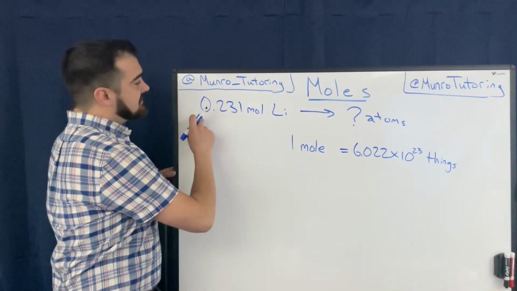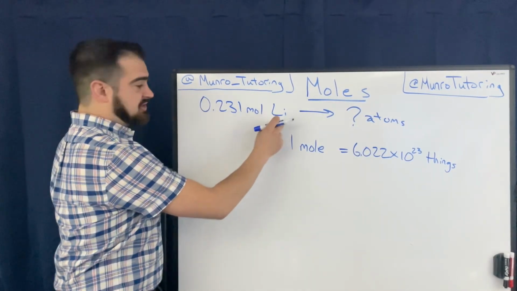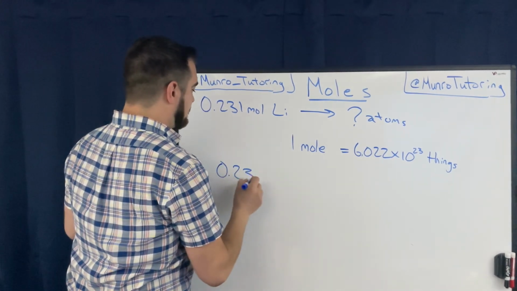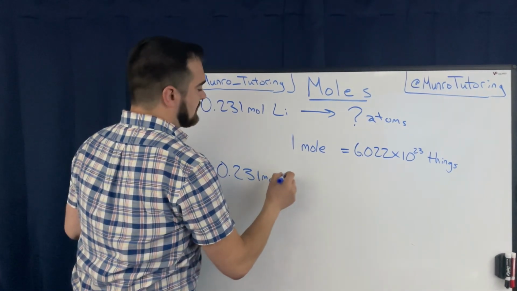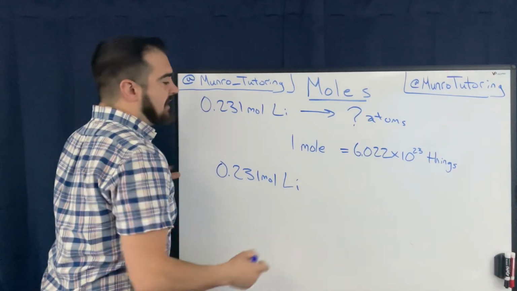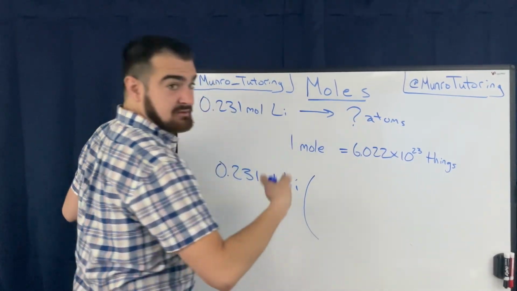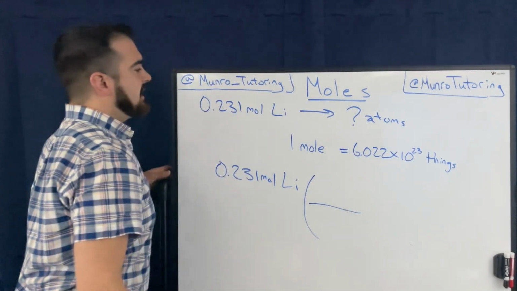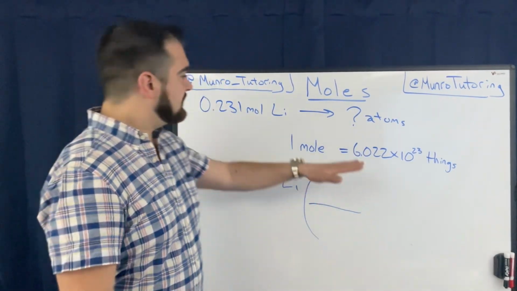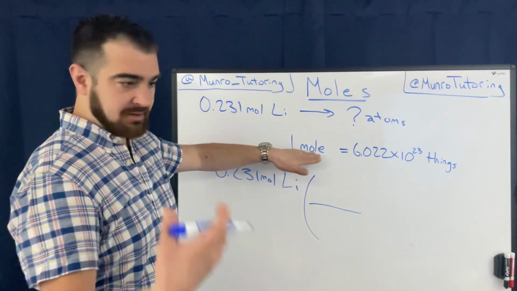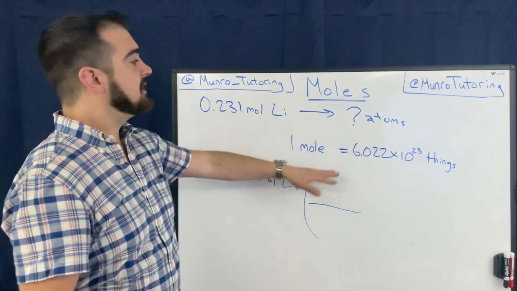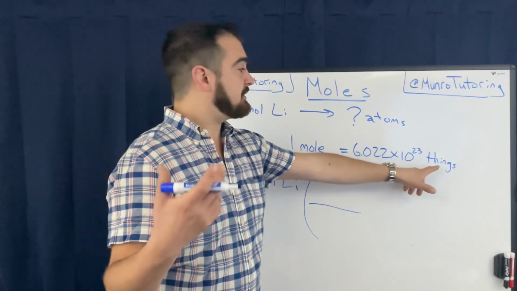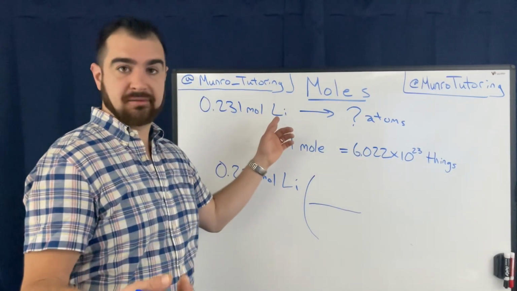So like I said last time, we're going to take the given information and that goes to the left. So we have 0.231 moles of lithium. And then we're going to set up a parenthesis that goes across like 2 lines in your notebook. Put our fraction bar here. And now we look at the relationship. We say, okay, 1 mole of something, in this case it's going to be lithium, is equal to this many, and then the things in this case are atoms of lithium.